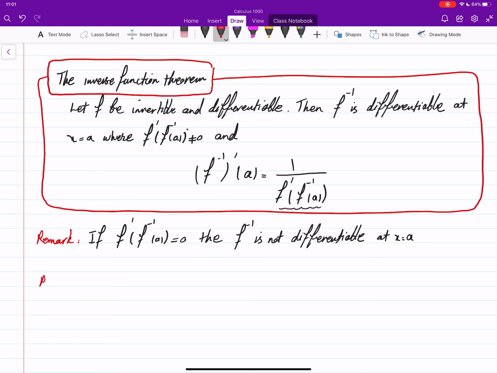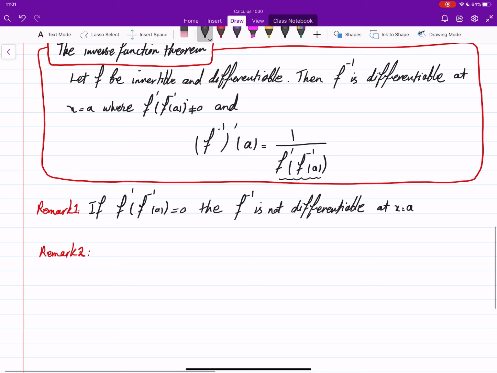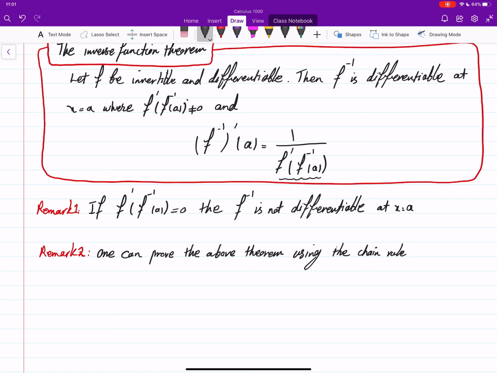Remark 2: the way we proved the theorem here is very geometric, but one can prove the above theorem using the so-called chain rule. This is something that we will learn, and it will be good practice to see how the chain rule gives us the same result.